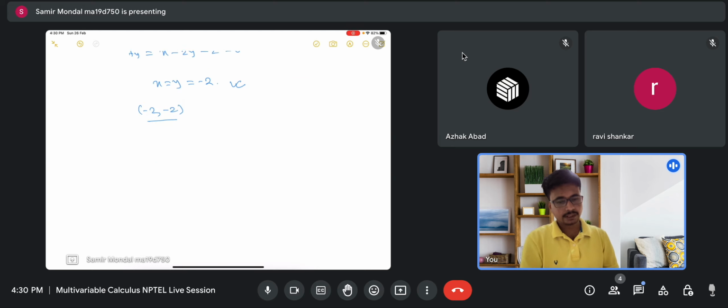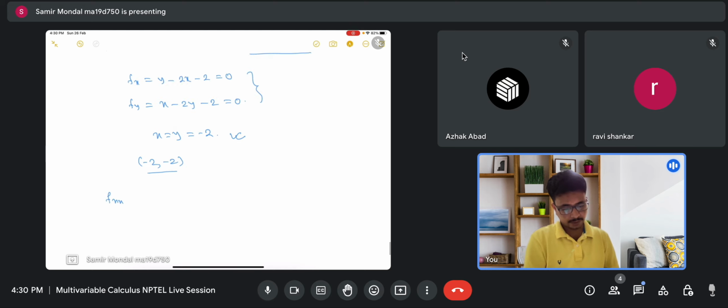So how can we check? Calculate this one. What will be f of xx at the point minus 2, minus 2? This should be only minus 2. And f of yy also is minus 2. And what is f of xy?